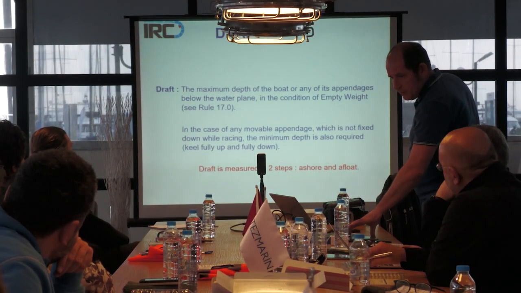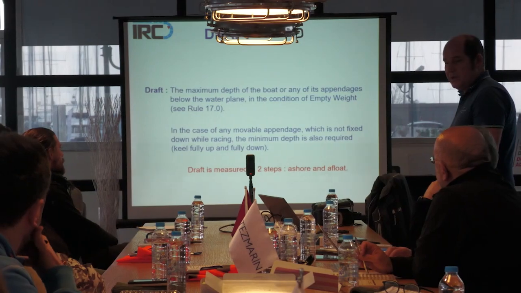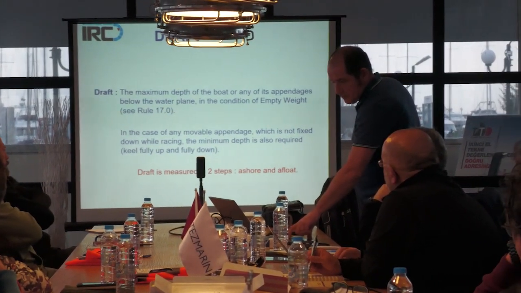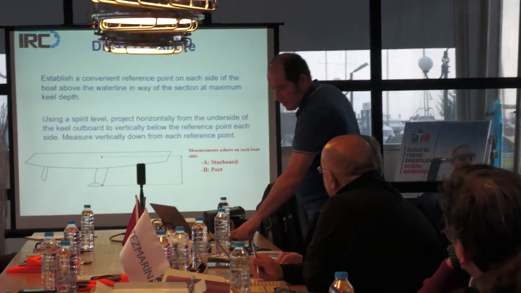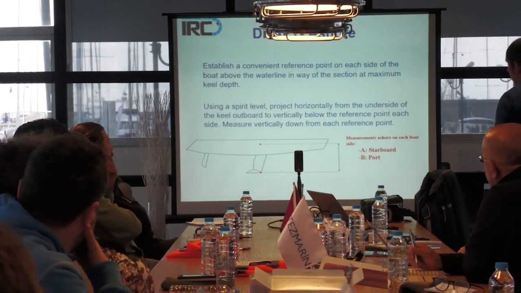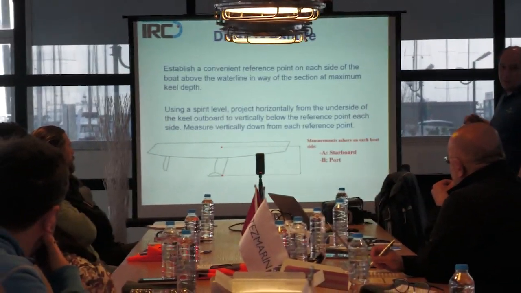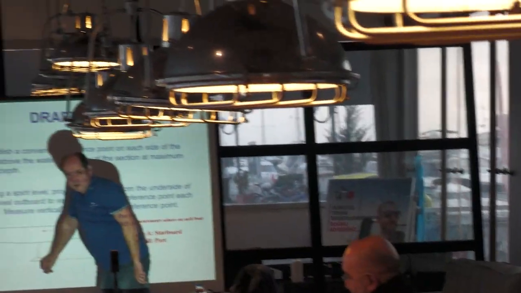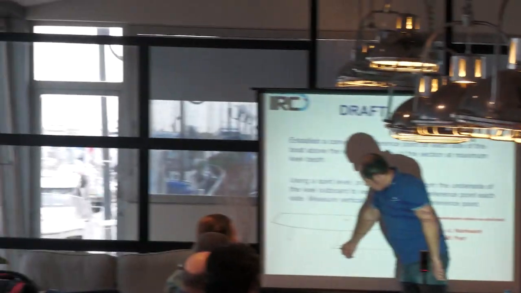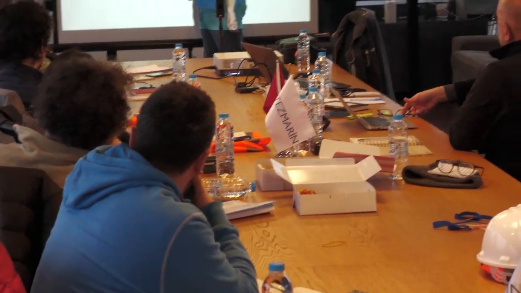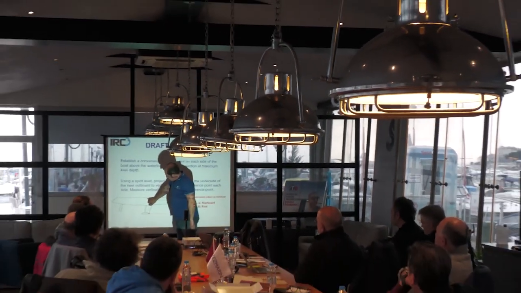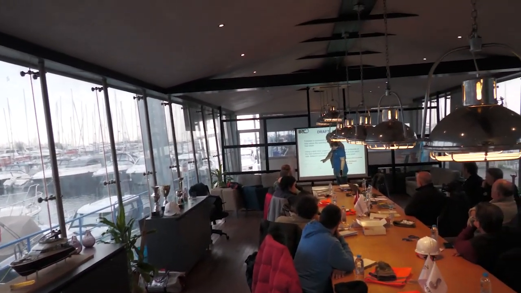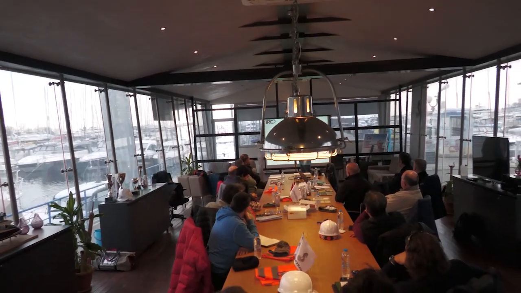If you have to measure the draft, this will be made in two steps as well. First, we will measure the draft ashore on starboard and port. Looking at the keel, we will look for the deepest point of the keel, and the vertical distance from this point to this one.